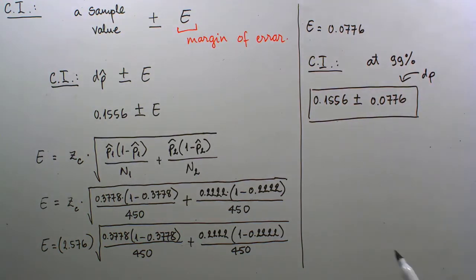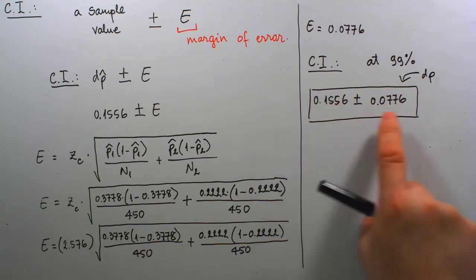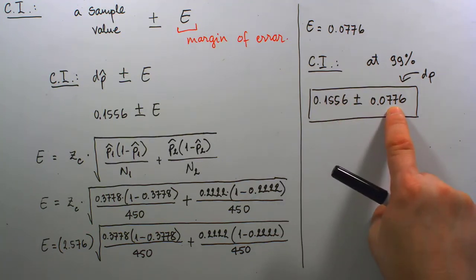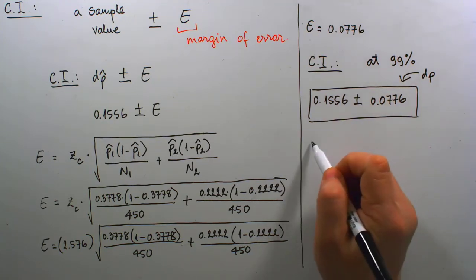Then again, we can always add this margin of error to the center point, and the same thing as subtracting this margin of error from the center point, to create a low end and high end.